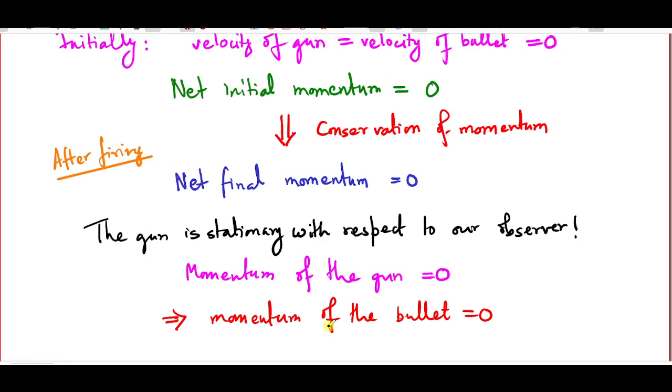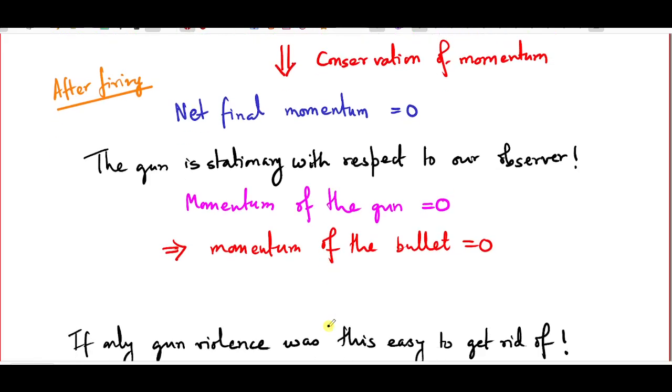So no matter what the ground-based observer may be saying about this, according to conservation of momentum applied to an observer fixed to the barrel of the gun, the bullet must have 0 velocity with respect to the gun, so the bullet refuses to fire at all. Now, as you all know, this cannot be correct. After all, the problem of gun violence cannot be this easy to get rid of.